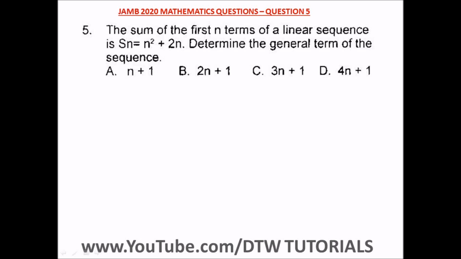Now if you recall, the formula for the sum of the nth term of a linear sequence is Sn equals n over 2, all in brackets, 2a plus bracket open n minus 1 bracket close, d, bracket close.